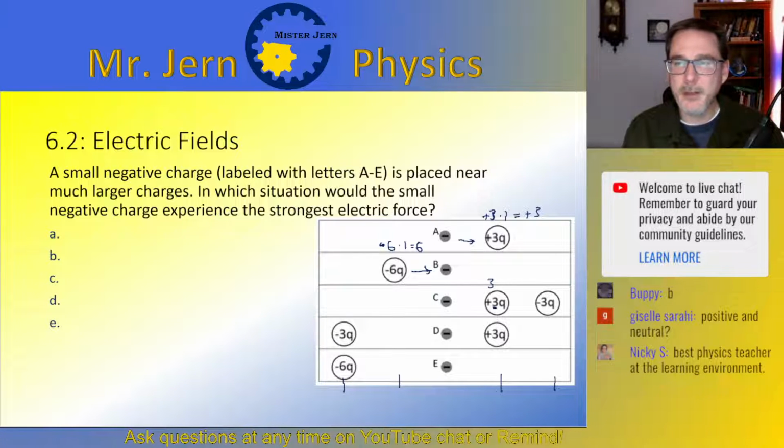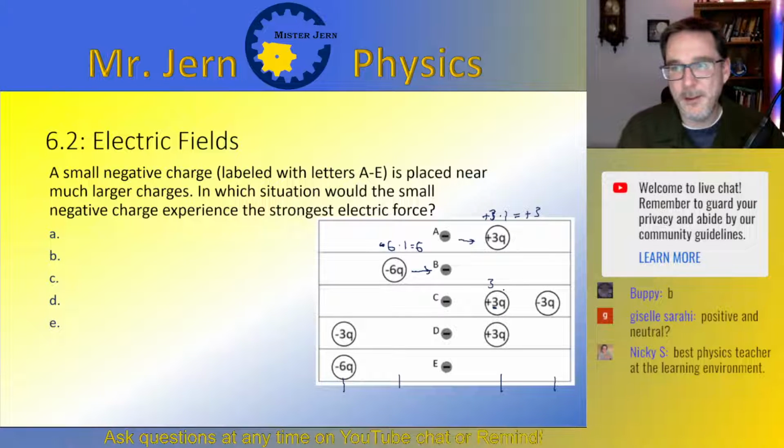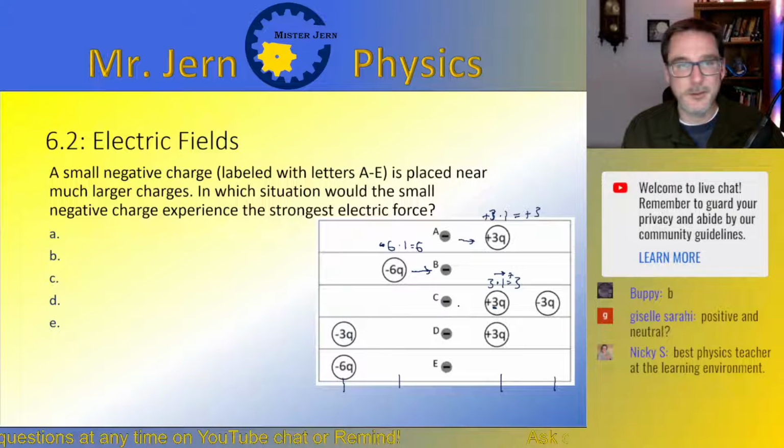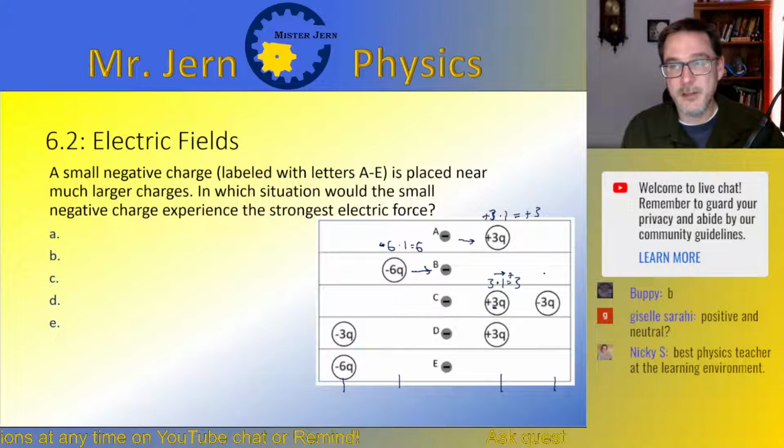It's a +3 and it's 1 unit away. It's got a push or pull of +3. It's pulling to the right, because it's a positive attracting this negative. This one is -3, so it's going to be repelling.